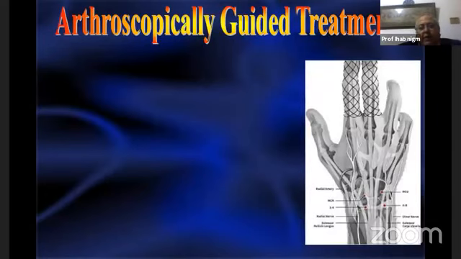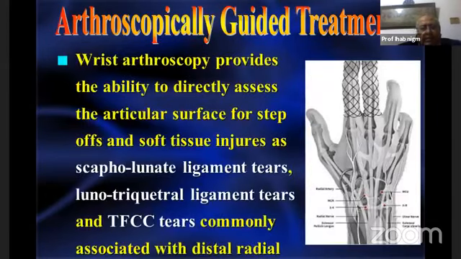What about arthroscopically guided treatment? Wrist arthroscopy provides the ability to directly access the articular surface for step-offs and soft tissue injuries such as scapholunate ligament tears, lunotriquetral ligament tears, and triangular fibrocartilage tears, commonly associated with distal radial fractures.